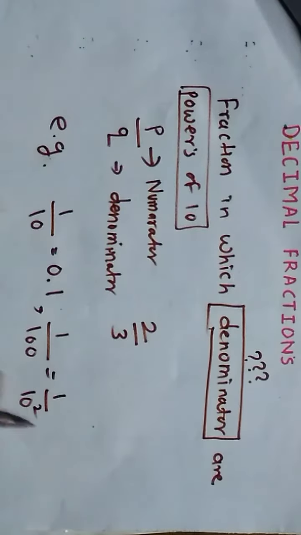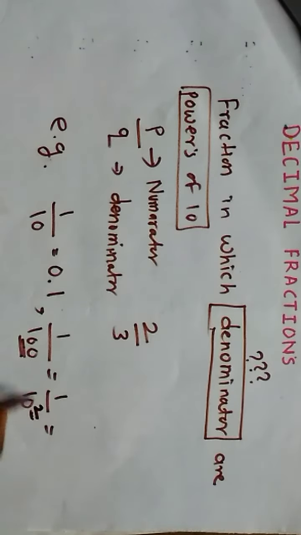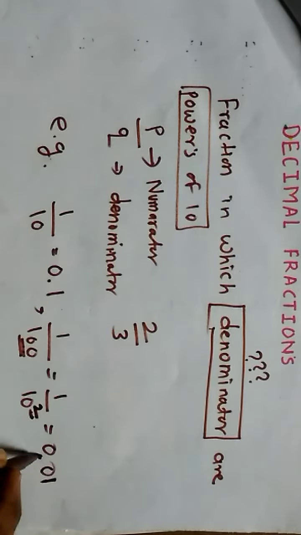So the number of 0s, or the power, is 2. So we take decimal places: take the point after 2 places, starting from the unit place. So 1, 2, and take the point here.